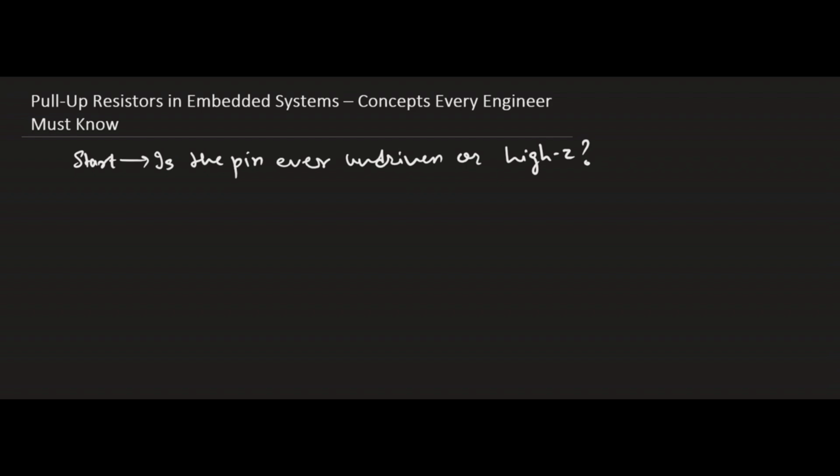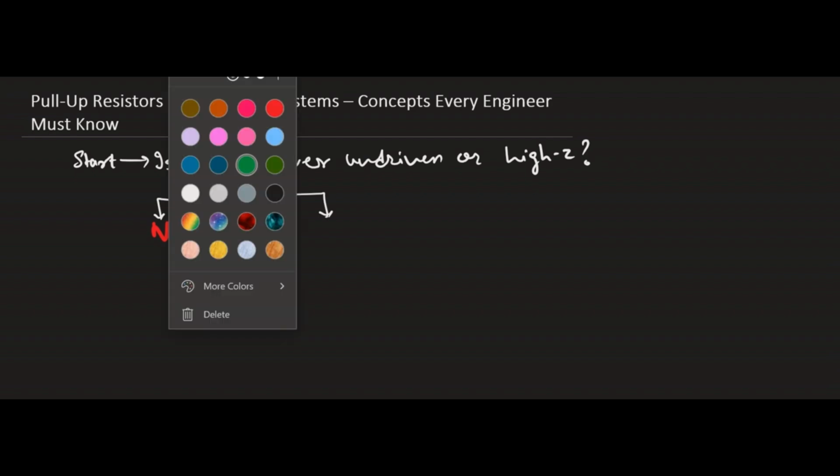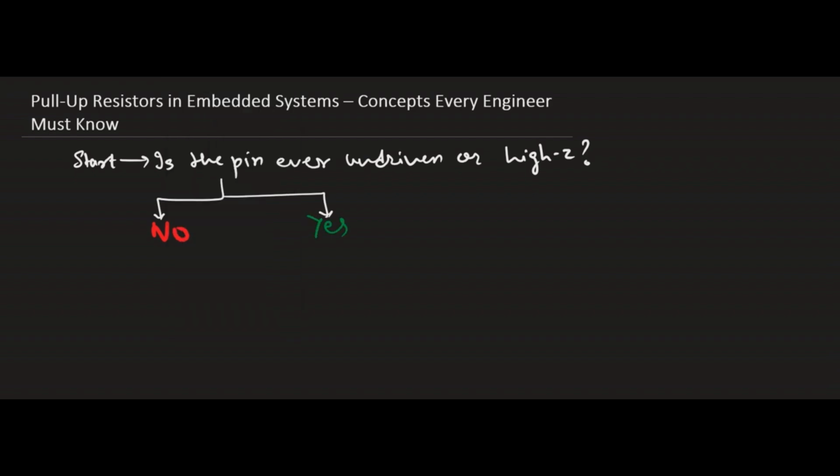Even if you are reading a datasheet, it's easy to get to the flow and what is required, how to read the datasheet. All those things will help you here. So the first question: is the pin ever undriven or high impedance? Then we have two options, no and yes.